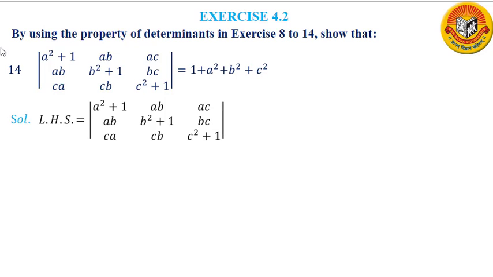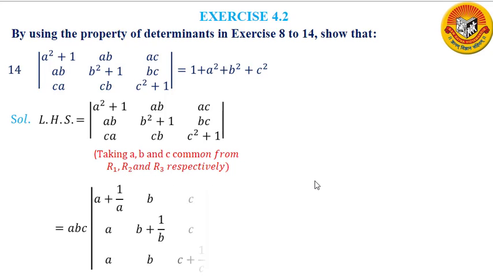Now you can clearly see here that from the first row I can take a common, from the second row I can take b common, and from the third row I can take c common. So let us take a, b and c common from R1, R2 and R3 respectively. Once I take a common from R1, here I will get a plus 1 upon a, here I get b, and here I get c.